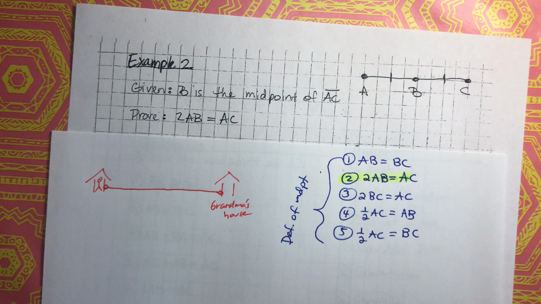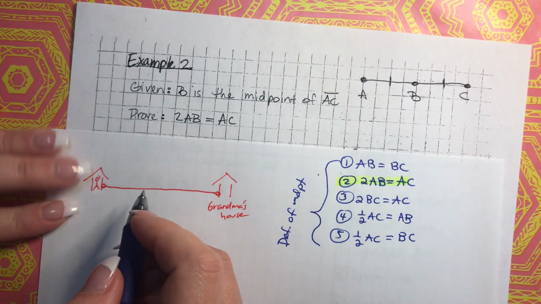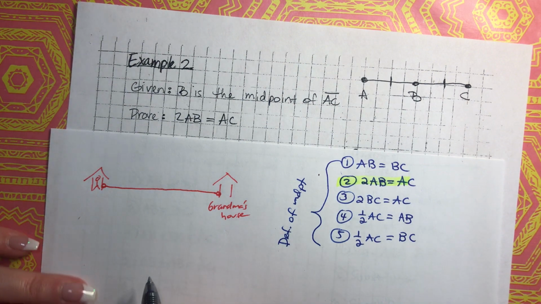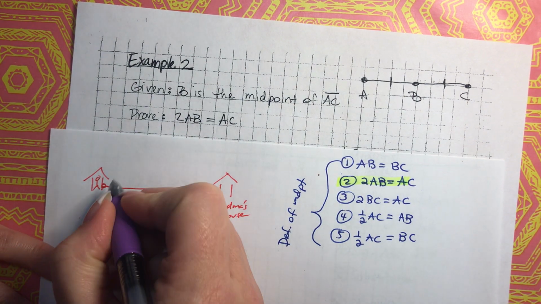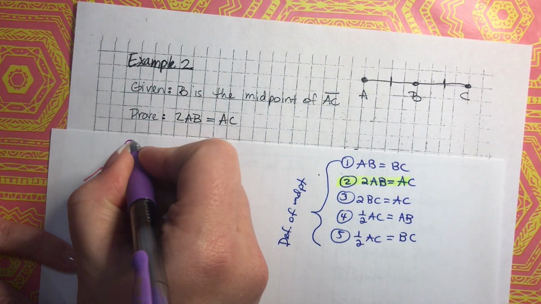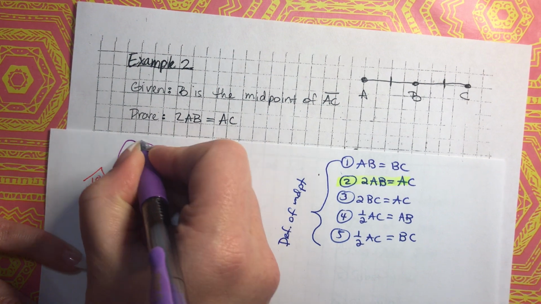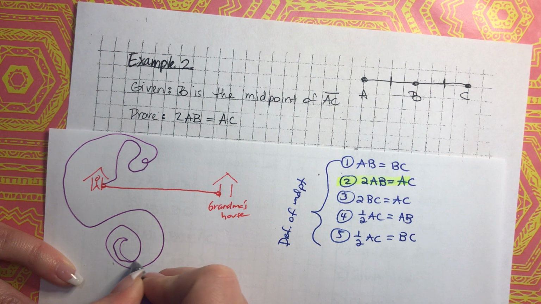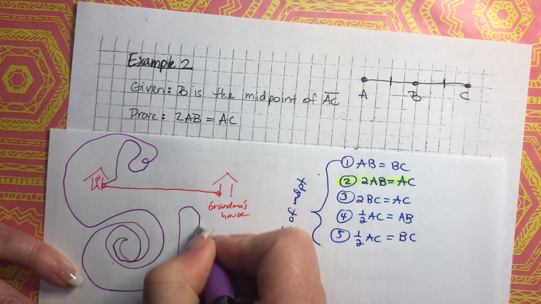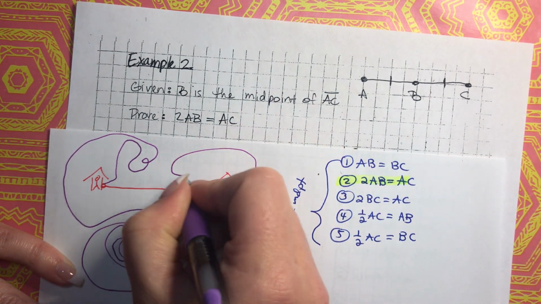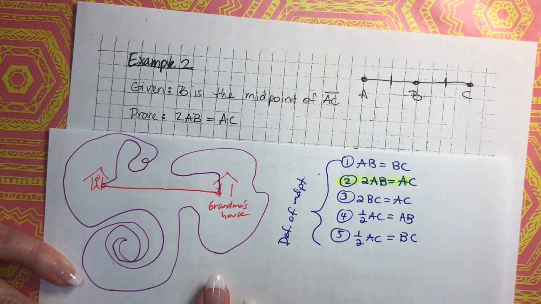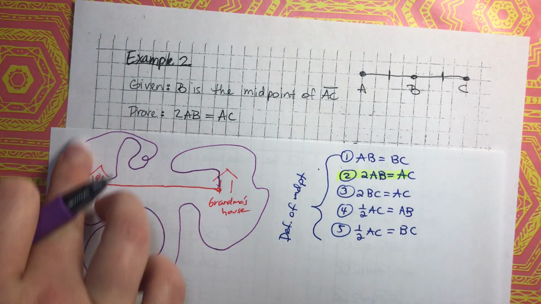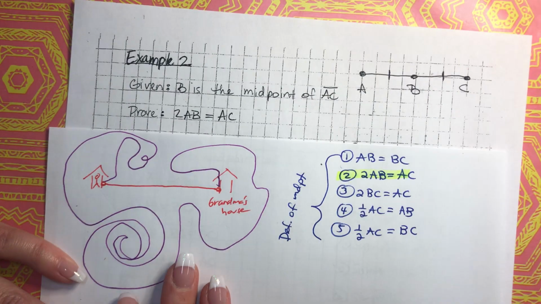However, sometimes if you're trying to go to grandma's house, you can go on what I like to call the long, windy road, where you go here, you go over here, you circle back, you go here a couple times, and then you go out, and then finally, there we are. So we still ended up at grandma's house, but we went on the long, windy road to get there.